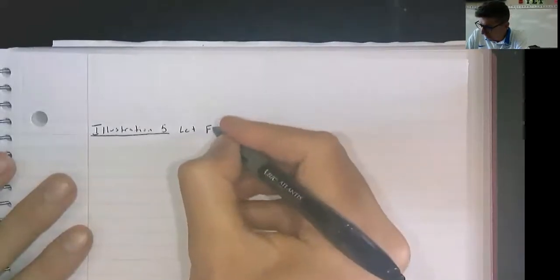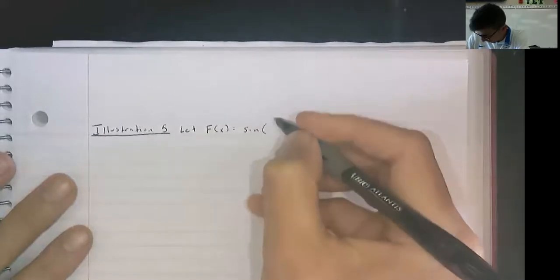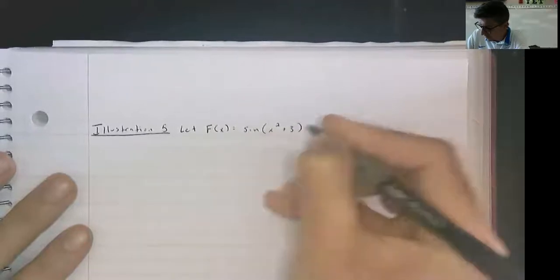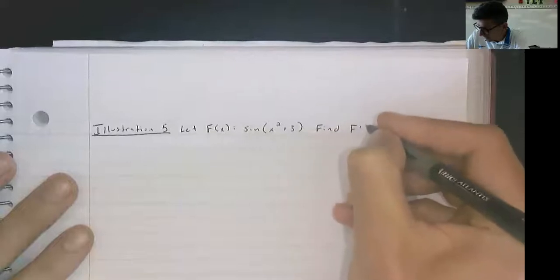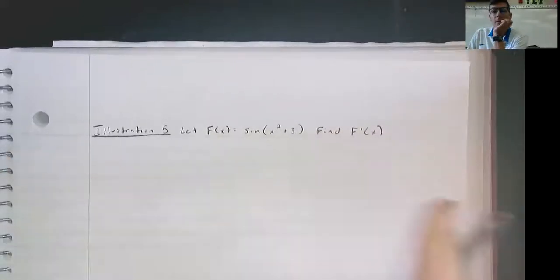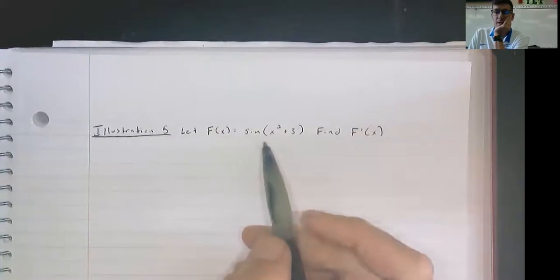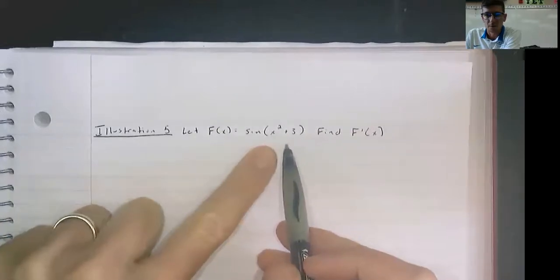Let f of x equal the sine of x squared plus 3. Find f prime of x. Okay. So here we're looking at a function and asking ourselves, is this composite? And the answer should be yes. We've got an outer function of sine, an inner function of x squared plus 3.